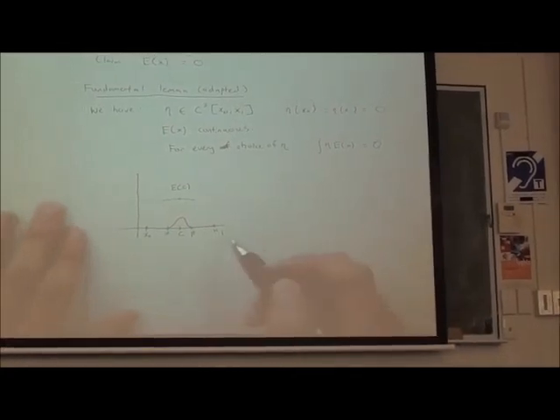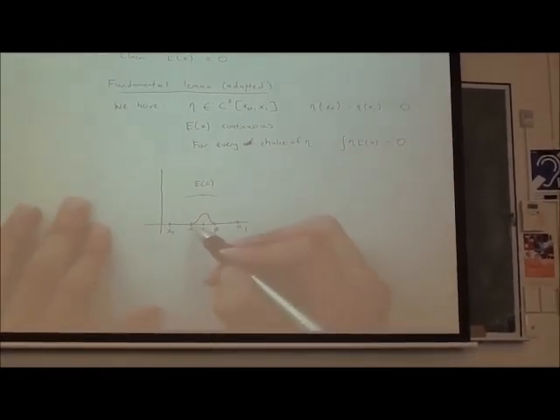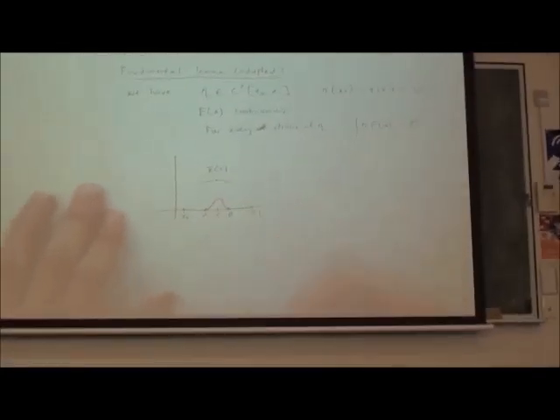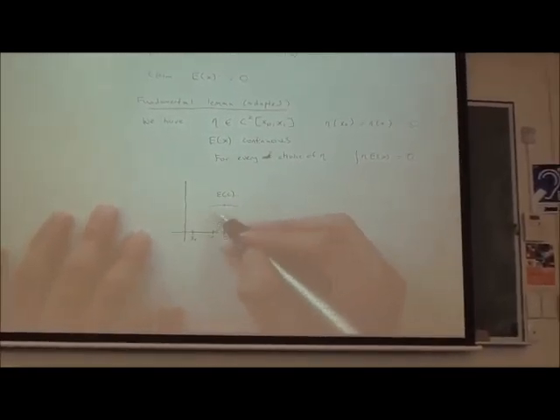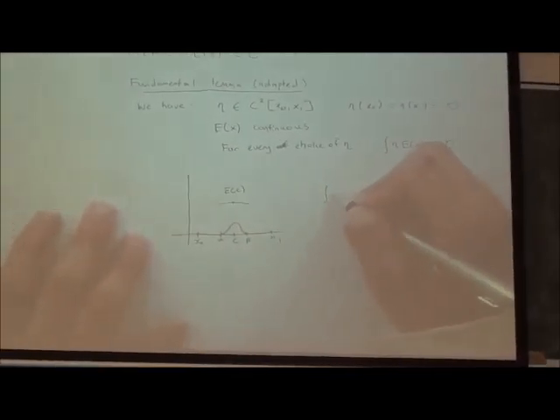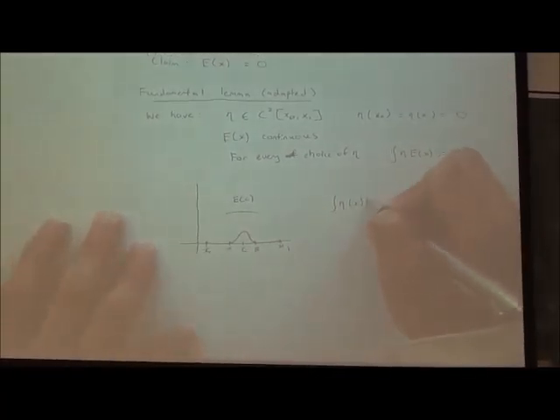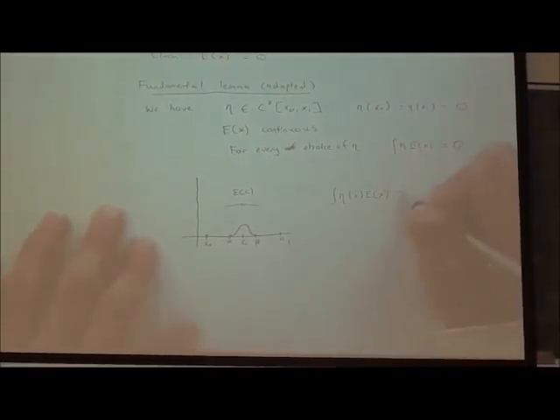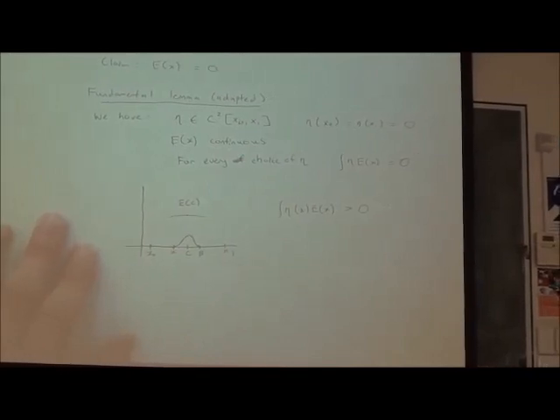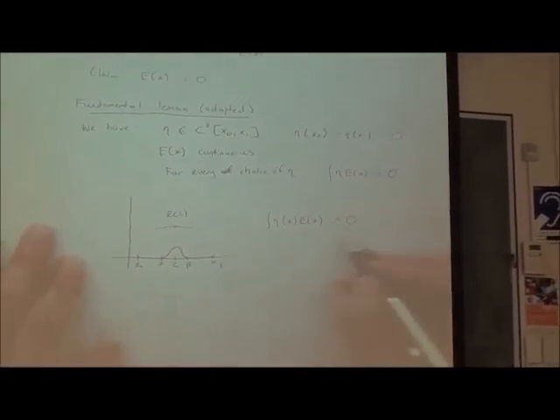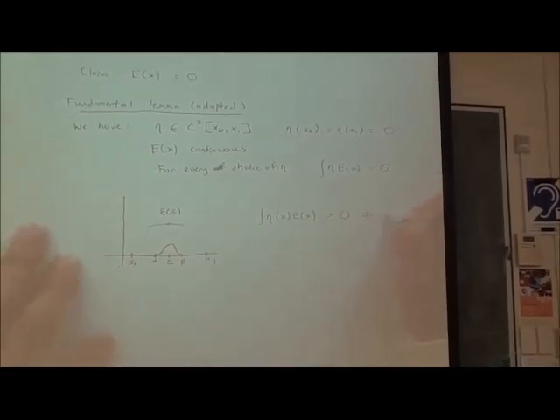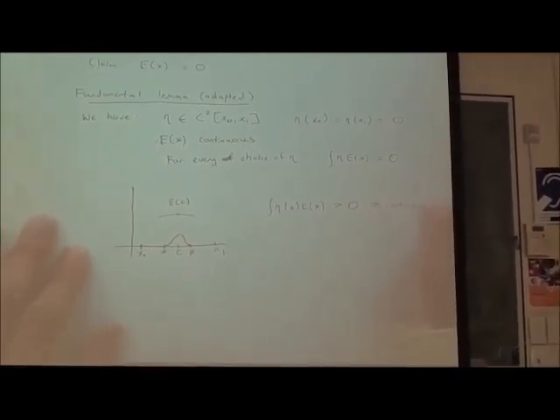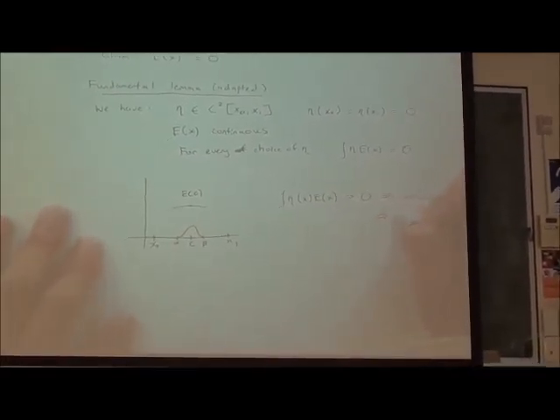But what this does is that the integral is going to be positive now, because we have the product of two functions which are necessarily positive on this interval. And because the integral is positive and non-zero, this is a contradiction, and hence we have e of x equals 0 on the interval x0 to x1.